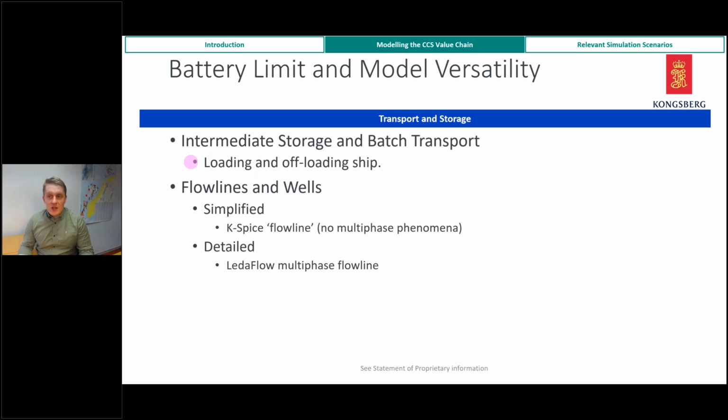And this is either very important to your customers, or it's important to you, because at the end of the day, I would say for the CCS hub, they're going to get these impurities into their system. So also, when it comes to transport and storage, you have to bear in mind this fidelity question. Draw your battery limit appropriately, and construct your model with very clear assumptions in mind.